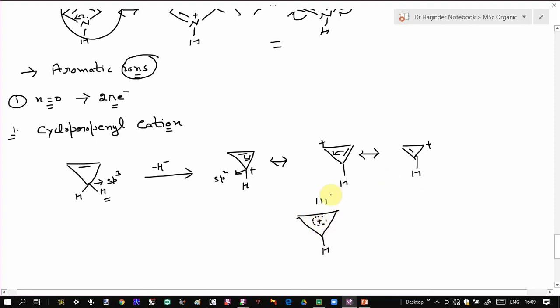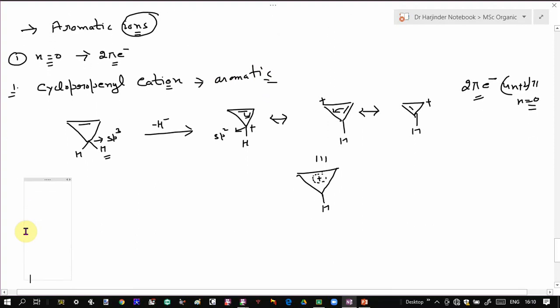Now, due to this complete delocalization of pi electrons, it satisfies Huckel's rule. There are two pi electrons, so the 4n plus 2 rule is satisfied for n is 0, and it's a cyclic planar structure. Therefore, this cyclopropenyl cation is an aromatic cation. But what about its anion?